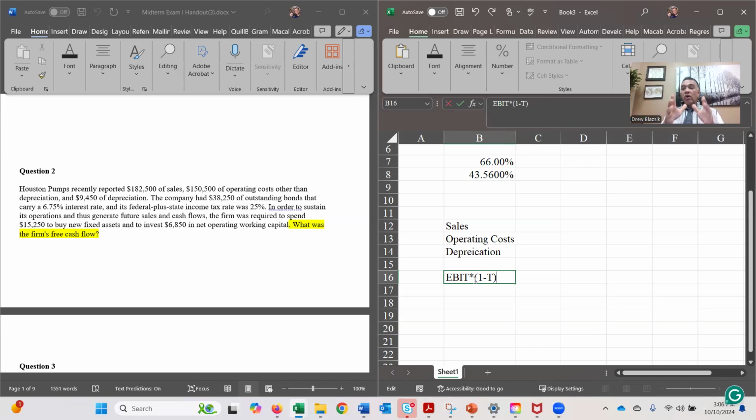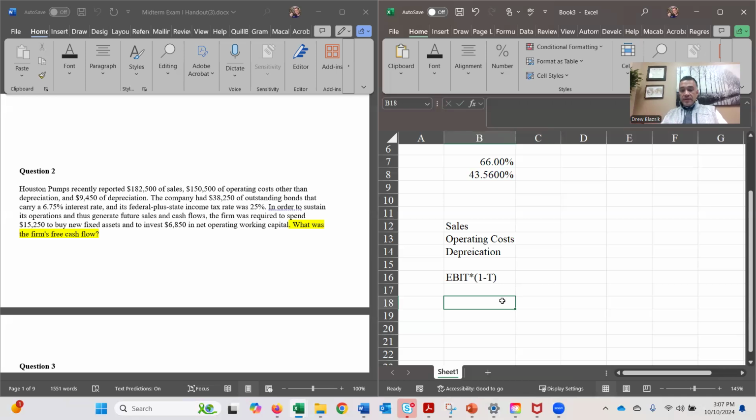Because what we're trying to find out is our free cash flow. What is free cash flow? Well, that is the amount of money we actually have. So we get sales, subtract out depreciation, subtract out operating costs, and we multiply that times 1 minus taxes. That gives us a certain value, okay? Now we want to know, how much money do we actually have? We depreciated capital expenditures, and that actually costs something.